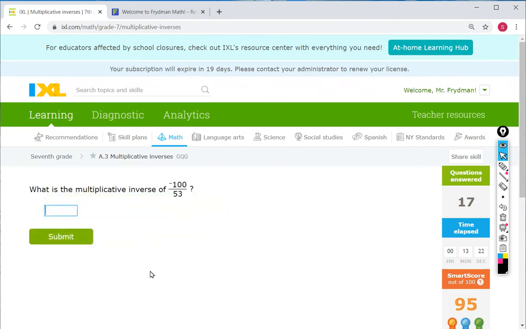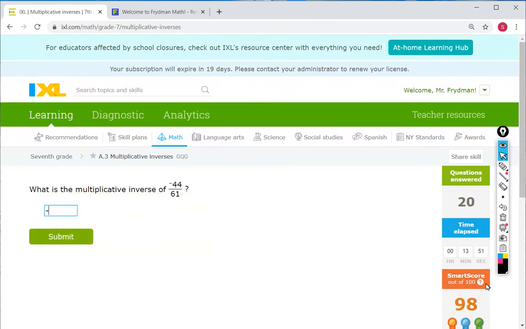Okay, for this one, I'm going to write negative 53 over 100. This one, I have negative 17 over 12. Here I have 4 over 1. But again, 4 over 1 is just 4, so I don't even need to write over 1.